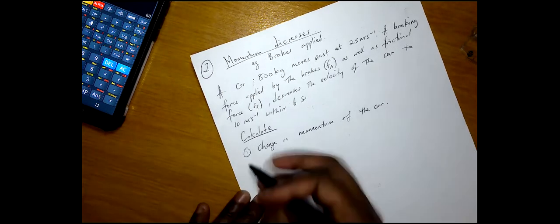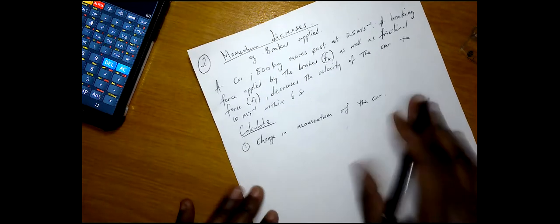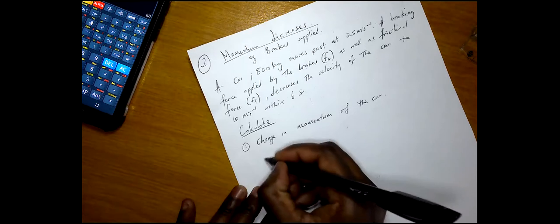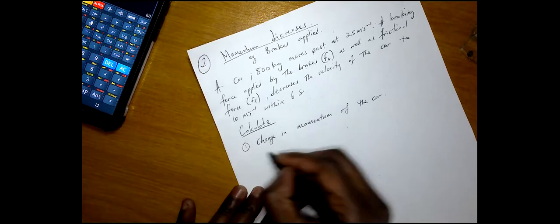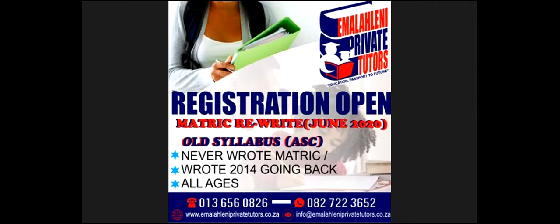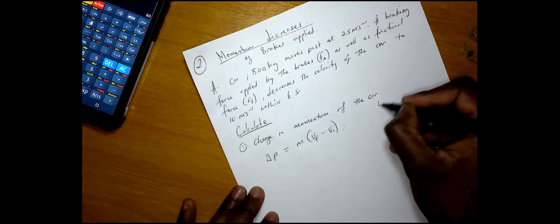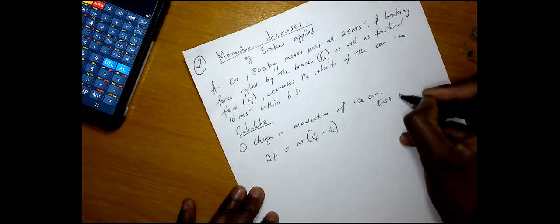What we are doing here, remember, is decreasing momentum. Let's see what we're supposed to do here. Calculate the change in momentum. Let's take east as positive.